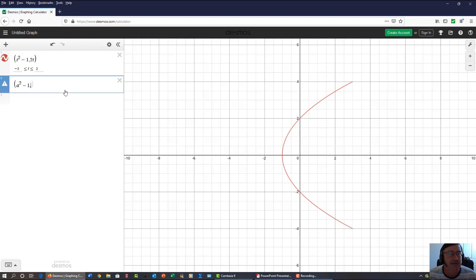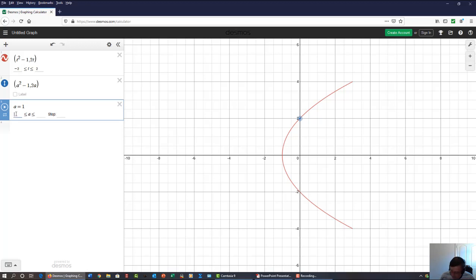So I'm just going to substitute in another letter. It can be any letter. And what it's going to do is add a slider here. And again, I want to put the slider between -2 and 2.